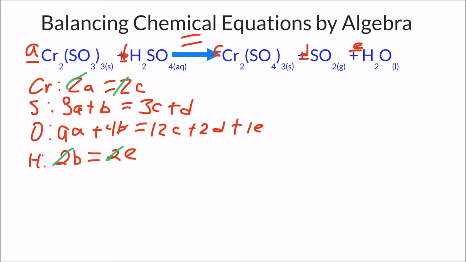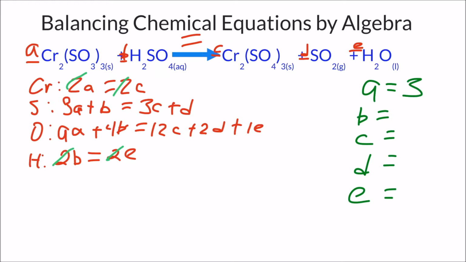Alright, so the next thing that we're going to do is list all of our variables over here to the side. And you can pick any variable you want and set it equal to any number that you want. So let's see, how about we say A equals 3, and that means C has to equal 3, so we just used up chromium's equation.